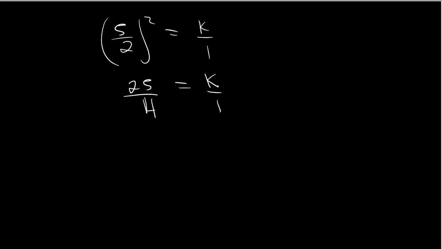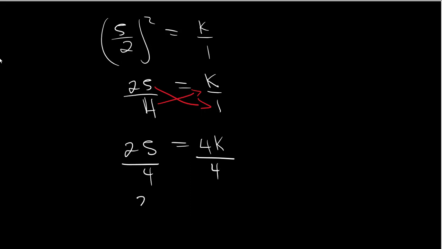So we are going to have the 25 multiplying the 1, and then the 4 multiplying the k. All right. So this is going to give us 25 times 1, which is 25, being equal to 4 times k, and that will give us 4k. We are solving for k, so we divide both sides by 4, and that is going to give us 25 over 4, which is equal to k.